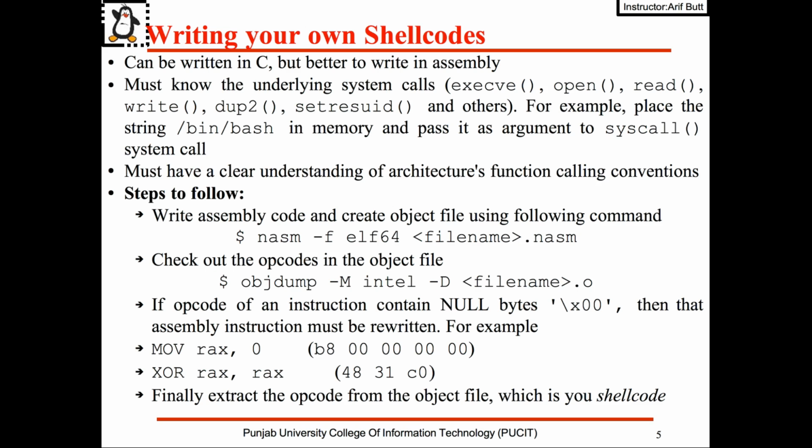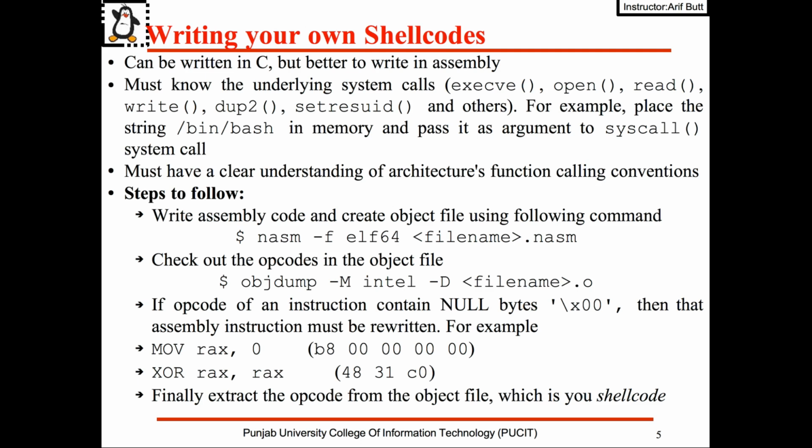And these are the 4 or 5 steps that you need to follow. First of all, you need to create the assembly code, then generate the object file, and from that object file you need to extract the opcodes, and you need to ensure that there are no null bytes in the assembly instruction. If there are, you must rewrite the assembly instruction.